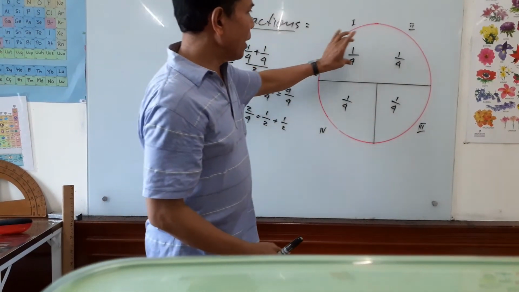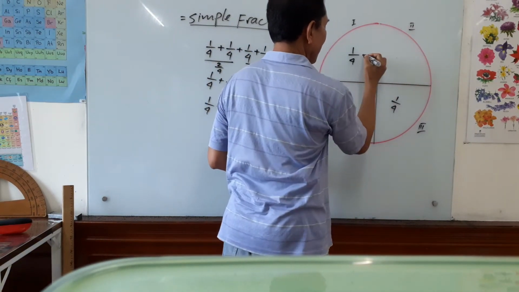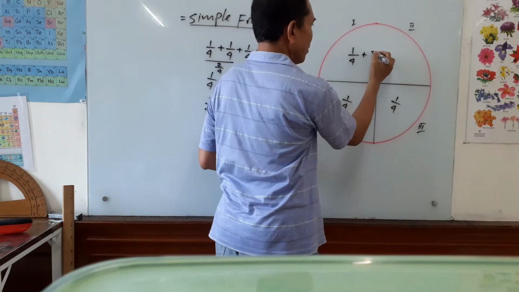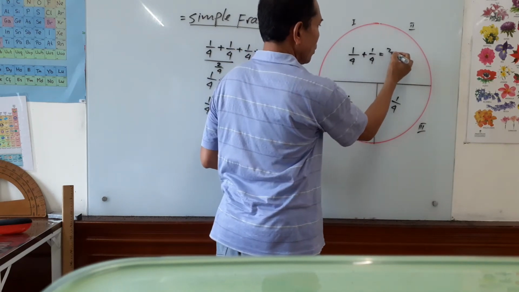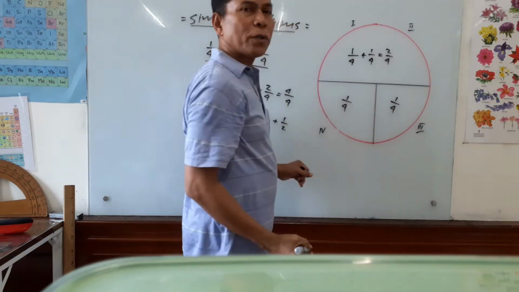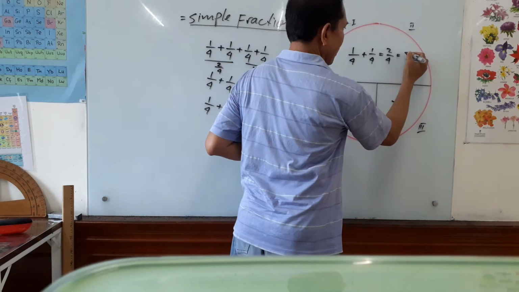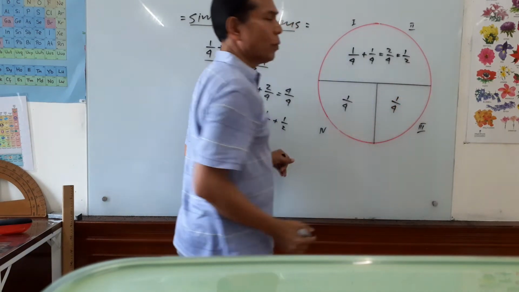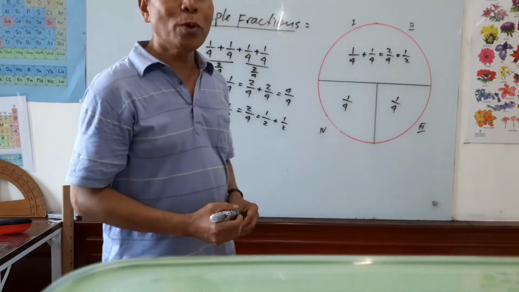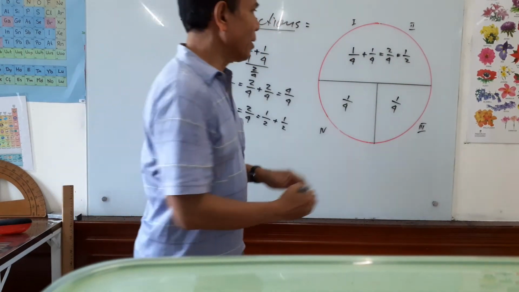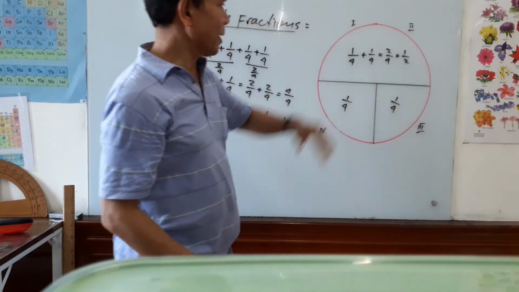We put here, 1/4 plus 1/4 becomes 2/4. Now 2/4 here, we have 1/2 or half. So it becomes half. The two boys put their shares together to make a half. So this half here.